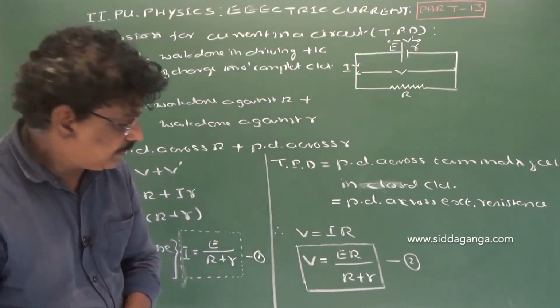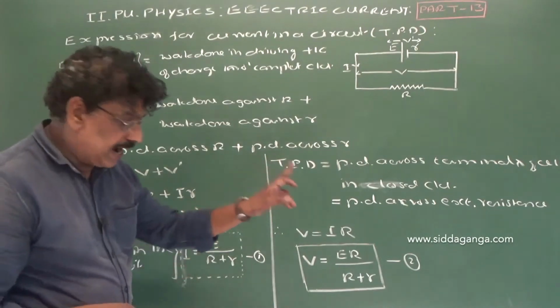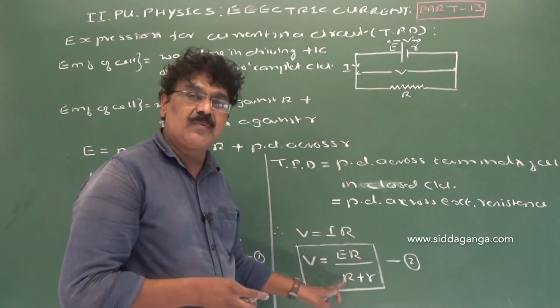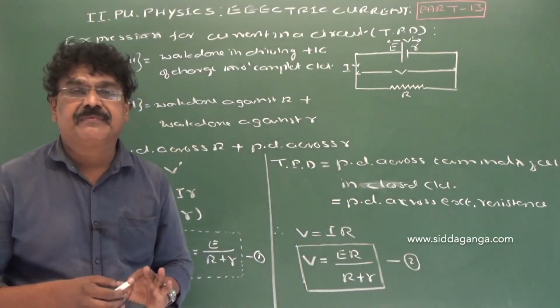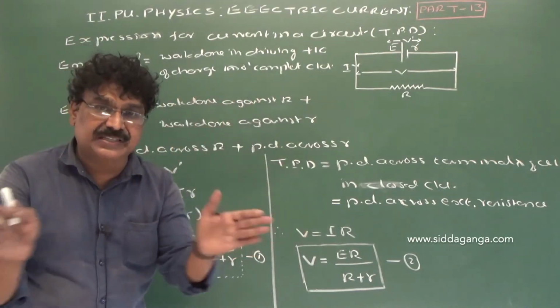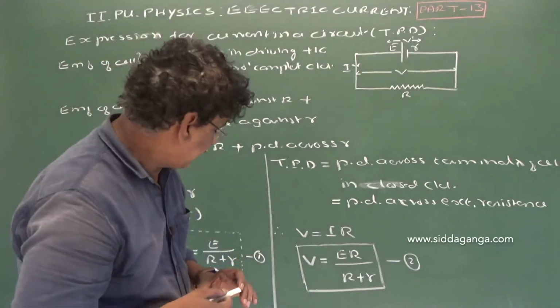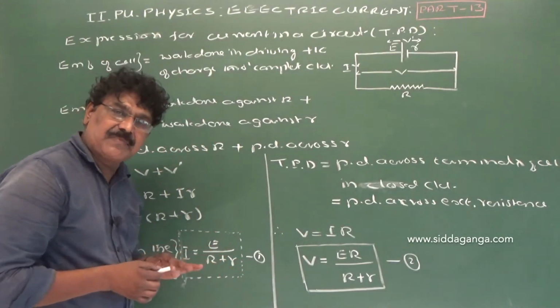In that case, you have to derive equation 1, and also equation 2, V is equal to ER by R plus r. Now, whenever we have an electrical circuit, the current flowing through it is obtained by I is equal to E by R plus r.